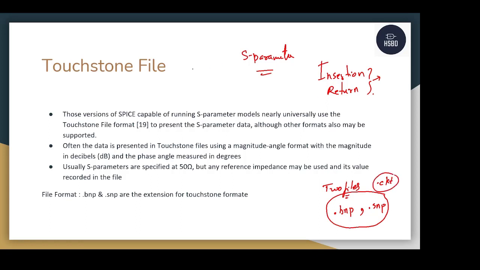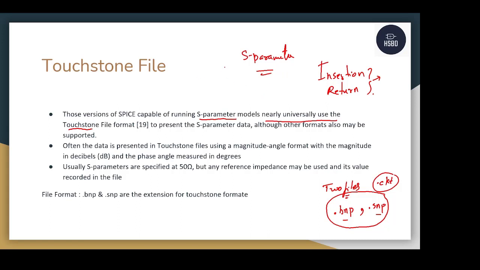Okay, so let us talk about the touchstone file. The .snp or .bnp are the touchstone file formats that we are having. As you can see here, those versions of Spice capable of running S parameter models nearly universally use the touchstone file format. The touchstone file format is a standard format that is used to depict the S parameter data.